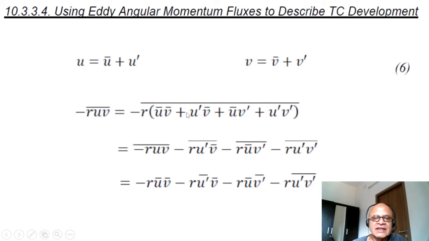So you split that as a linear operation of averaging into minus R U V bar. So you have the minus sign inside here, so be careful. Minus R times U prime times V bar, so each of these terms, and obviously the U prime average terms drop out, V prime average terms drop out, so you are left with minus R U bar V bar minus R U prime V prime bar.